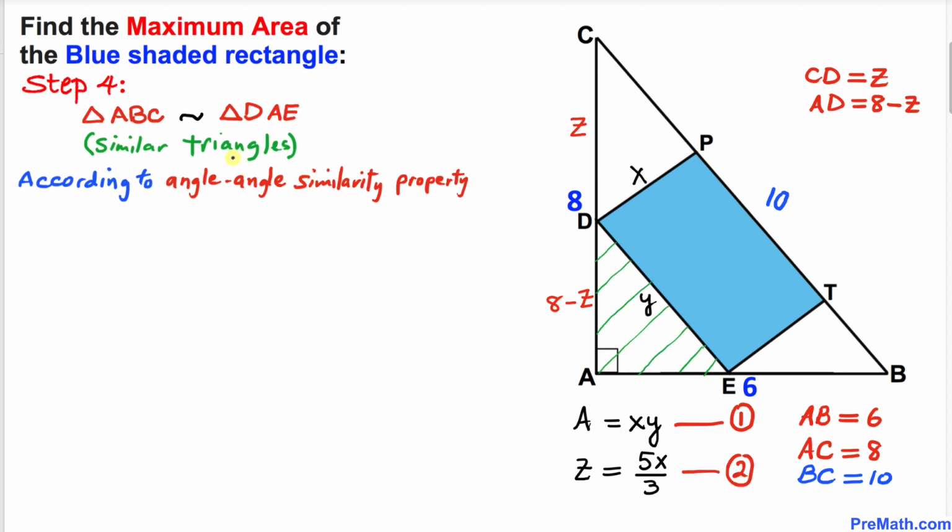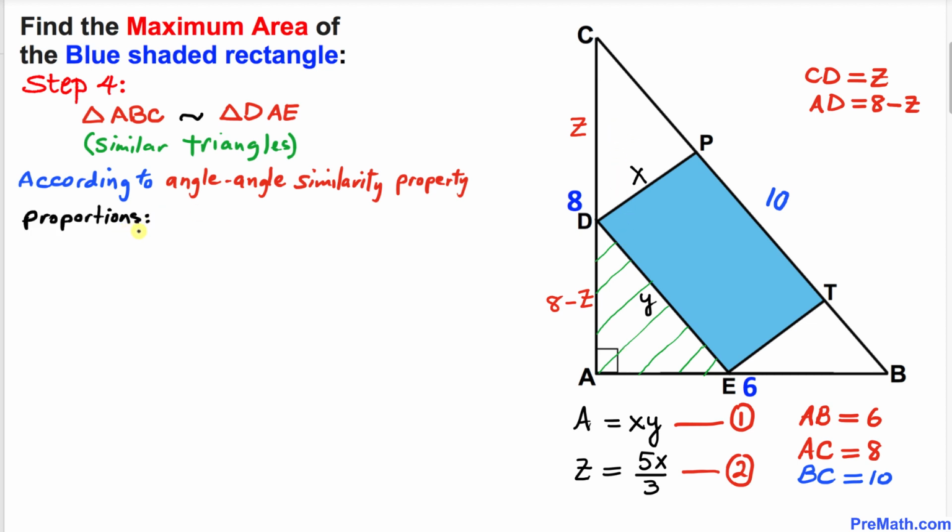And here's our next step. We can also see that this big triangle ABC is also similar to this other triangle DAE according to the angle similarity property, because they share this 90-degree angle, and moreover this angle and this angle are corresponding angles, and we can see that they are congruent as well.